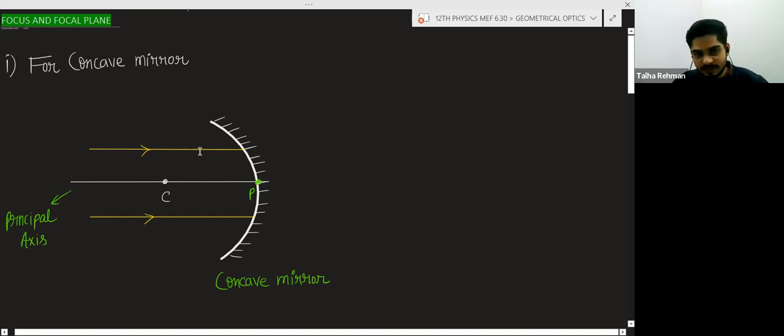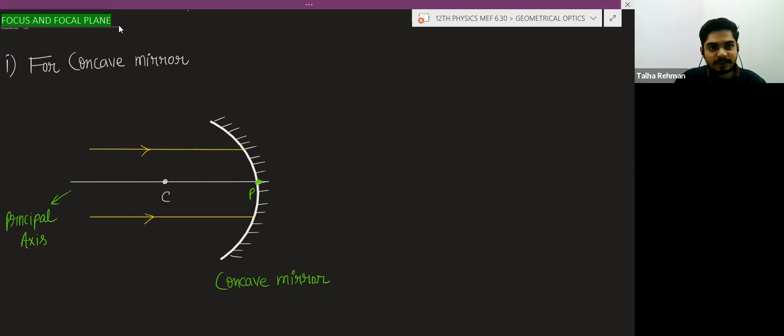These rays are coming from some object, or you can say from infinity.